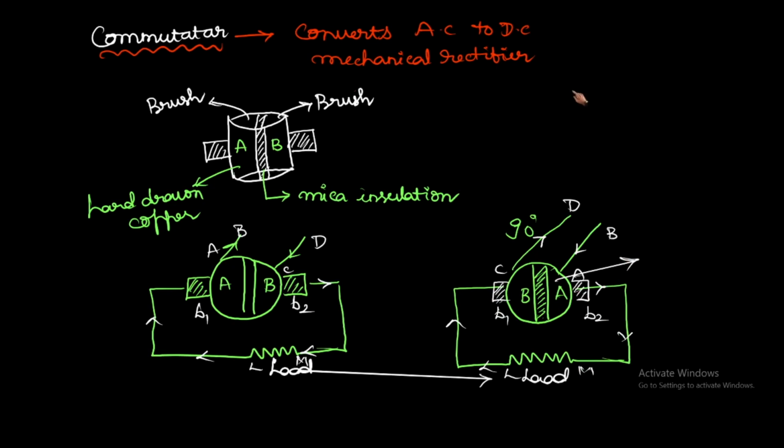Because of this, the output you get is a pulsating DC waveform. We get a pulsating DC waveform because of this commutator segment, but we don't require it. We require a purely DC waveform.